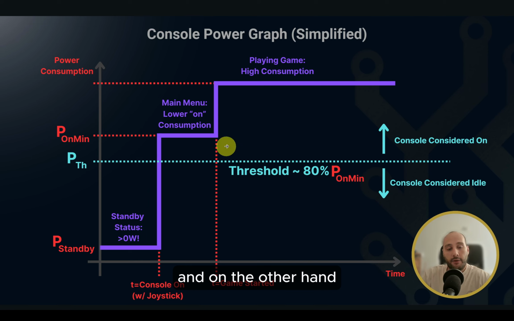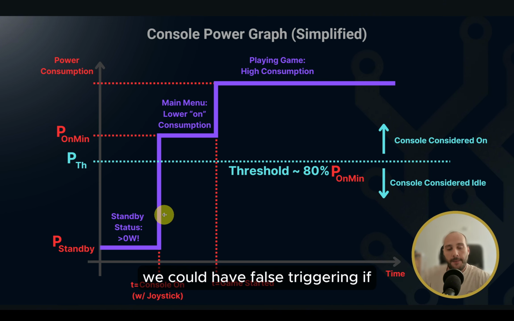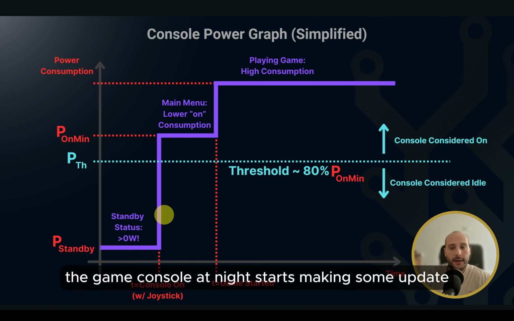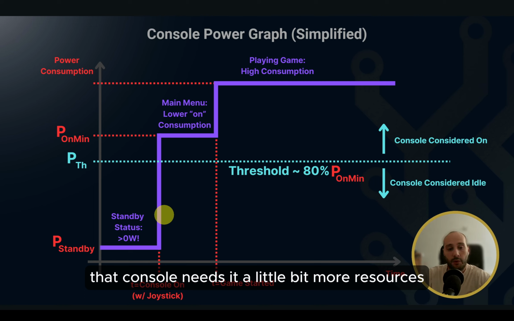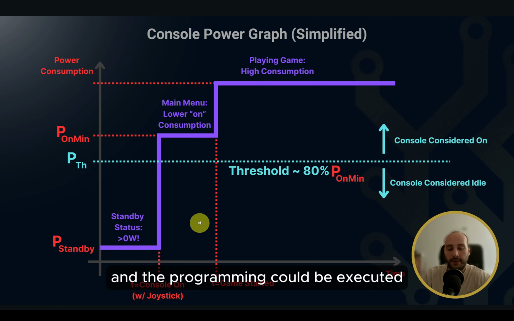On the other hand, if we go near the standby power value, we could have false triggering if, for example, the game console at night starts making some update that consumes a little more resources. We can be above this threshold, and the programming could be executed.